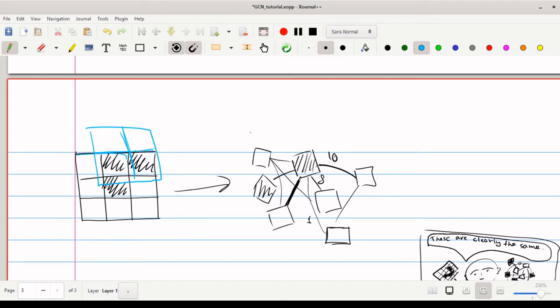So like in this case, if the filter size is 2 by 2, we're gonna activate in this position, then we're gonna activate this filter in this position, and lastly here.